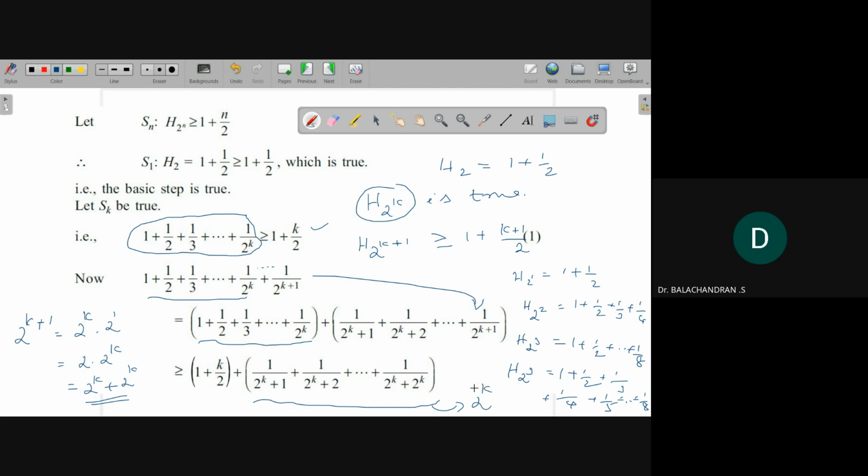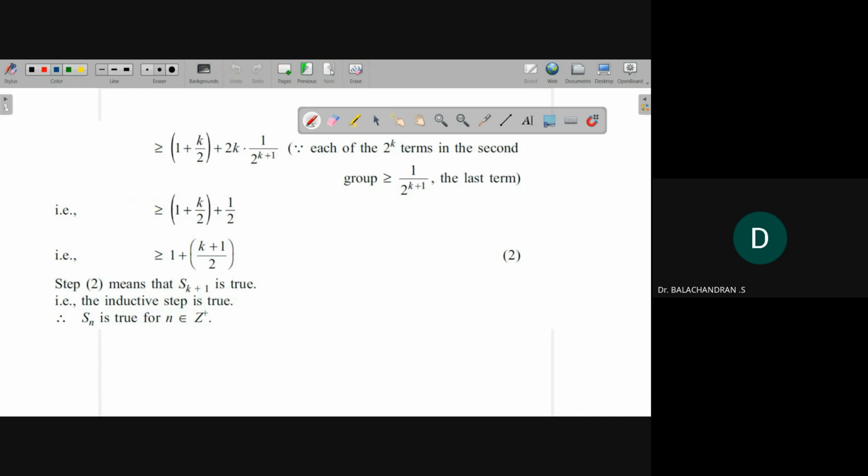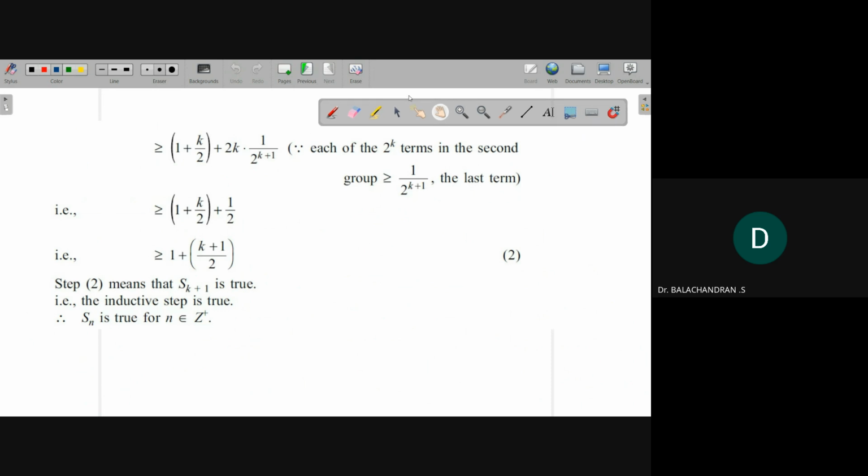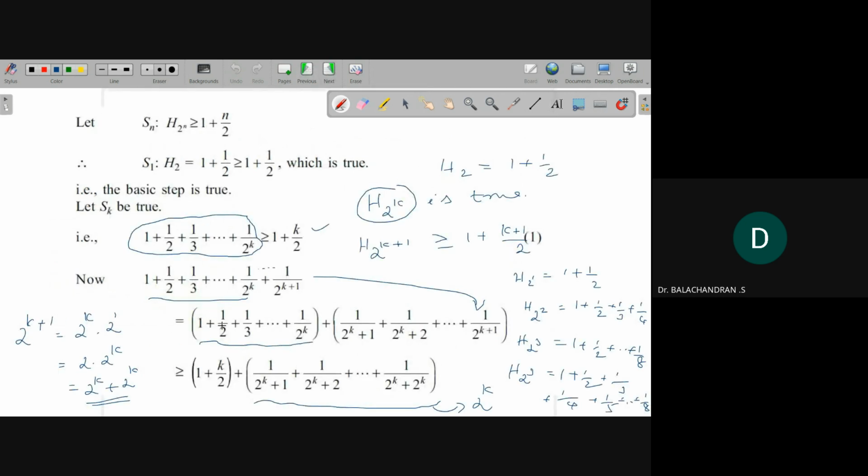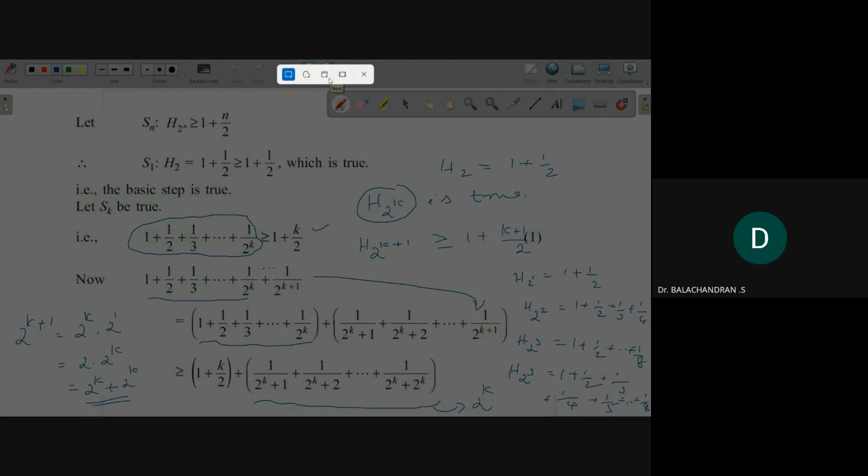Now next, maybe I will write something here. Maybe I can take the snapshot from here.